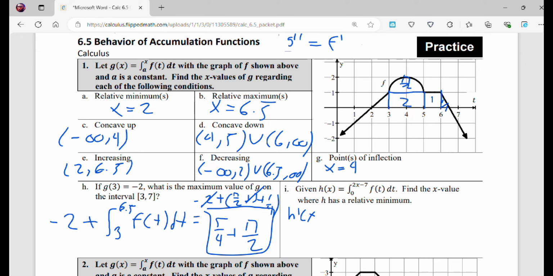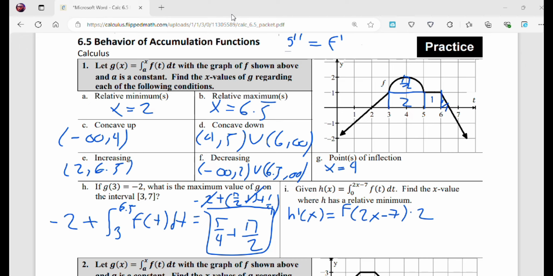So h prime of x is equal to, and then remember our fundamental theorem of calculus. We plug our upper limit into t, and remember chain rule. And now we're going to see where it goes from negative to positive.